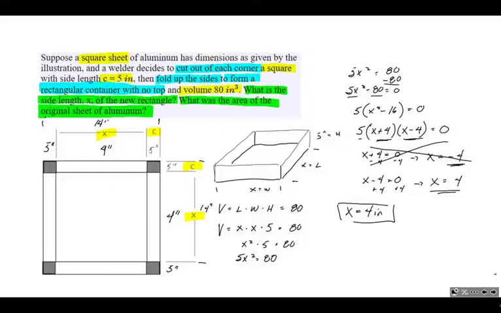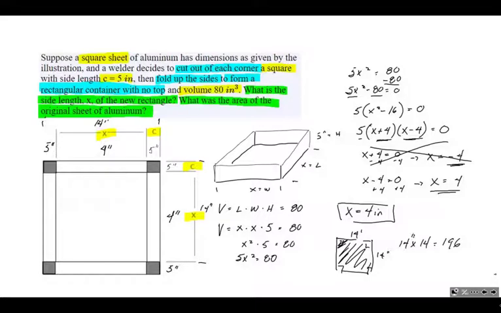So if we draw ourselves a new little sketch down here, our original sheet with the corners all cut out, but our original sheet was 14 by 14 inches. And to find the total area of that shape, we multiply 14 times 14, and that's going to give us a total of 196.